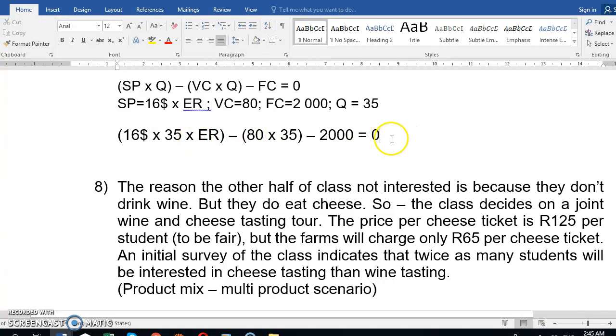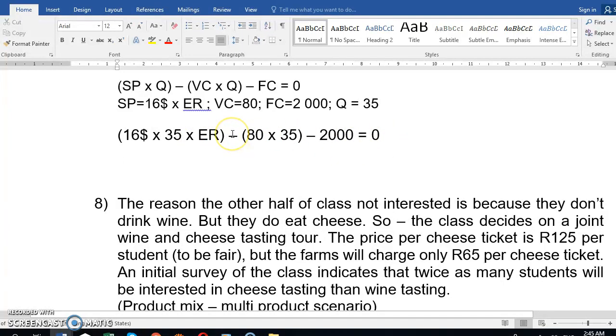So now 16 times 35 is equal to 560 times the exchange rate. The next bracket is 80 times 35, which is 2,800, and that's minus 2,000 equals 0.